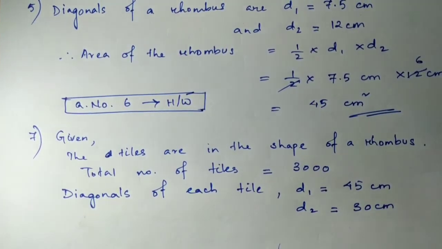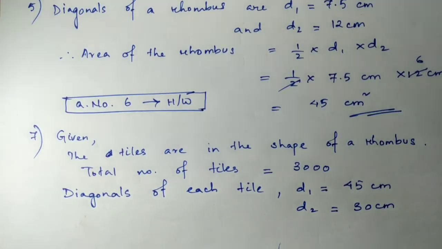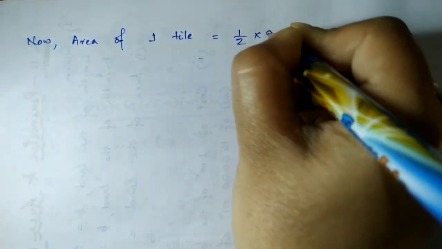Okay, so I will first find out the area of one tile. Now, the area of one tile will be equal to half into D1 into D2.